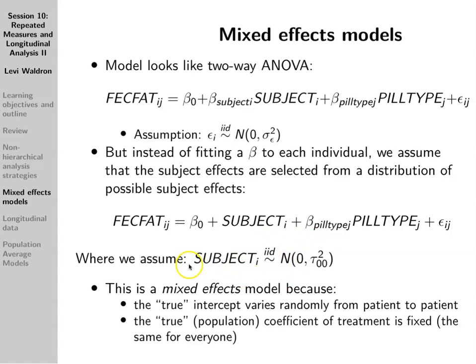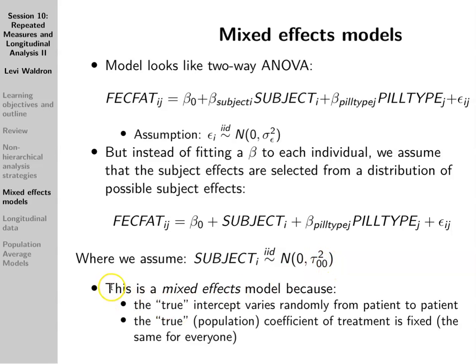And I'm assuming that this new random variable is independent identically distributed with mean 0 and variance tau 0,0 squared. You'll remember that this sigma epsilon squared and this tau 0,0 squared were the two variances that we used in the intraclass correlation calculation before.